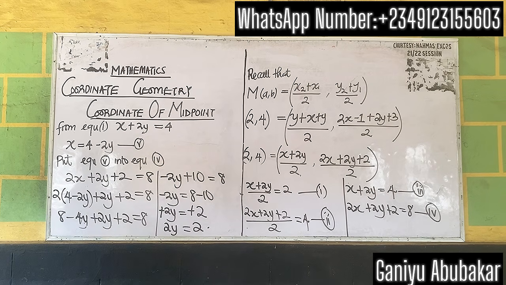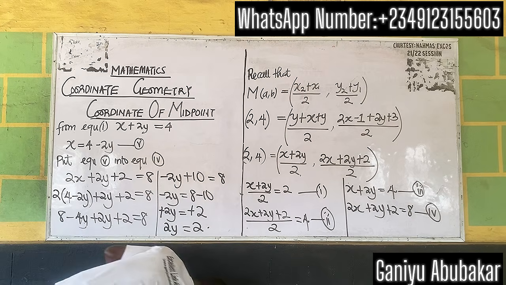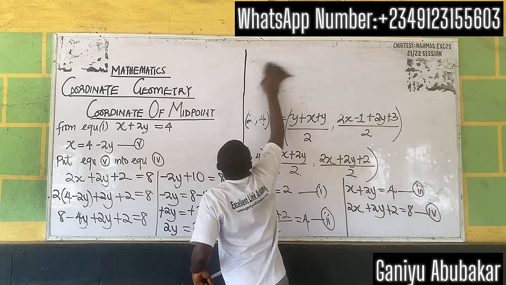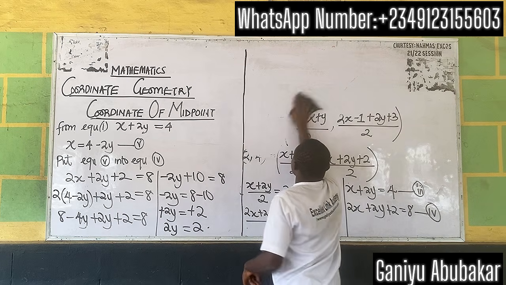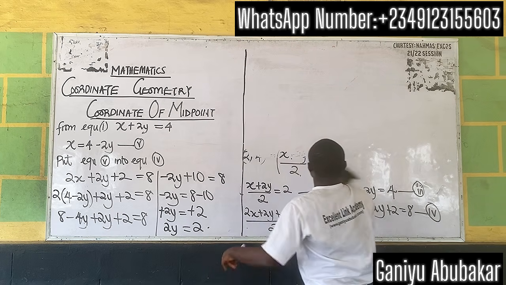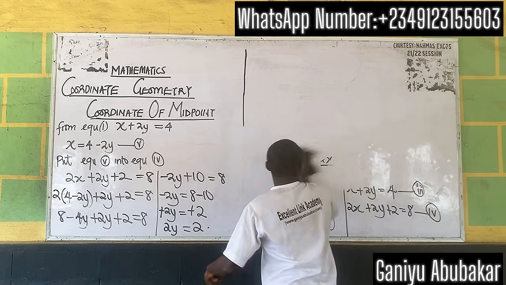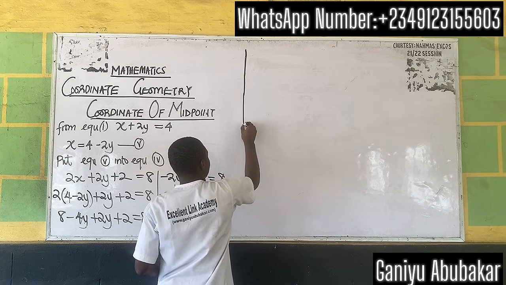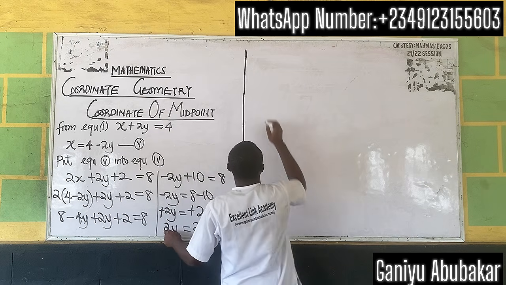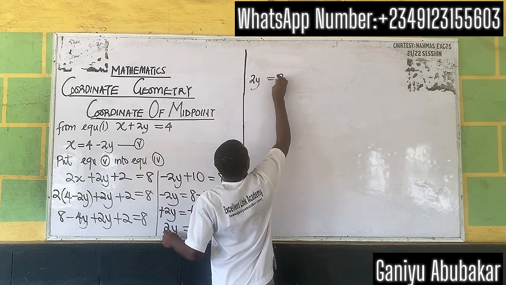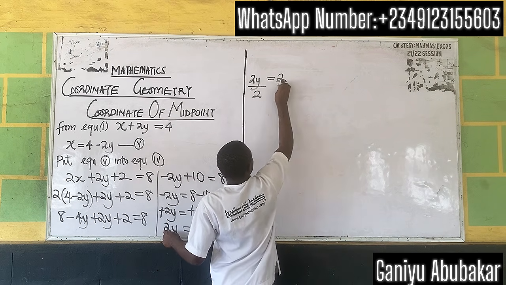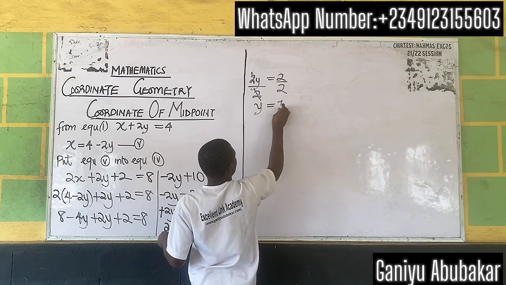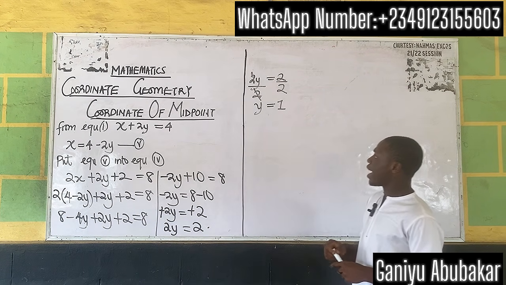Let's get the value of y by dividing both sides by 2. I'm having 2y equals 2. Divide both sides by 2. So for me, this gives you y equals 1. So I've got the value of y as 1.